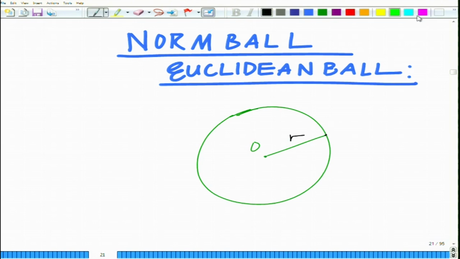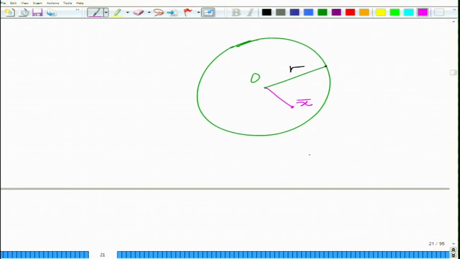Then if you look at any point in the interior of the circle, x bar, the norm, that is the length of this vector, norm of x bar, has to naturally be less than or equal to r, which is the radius.